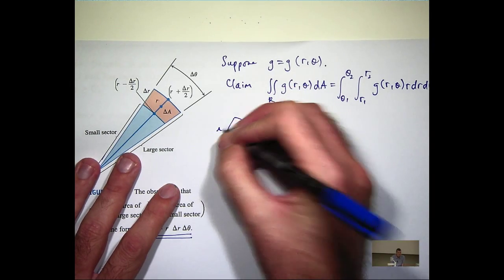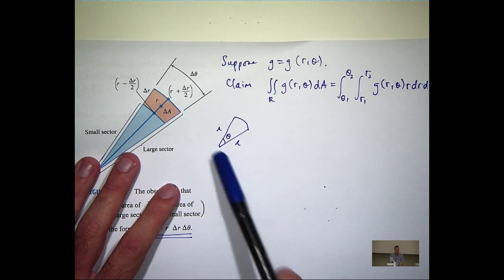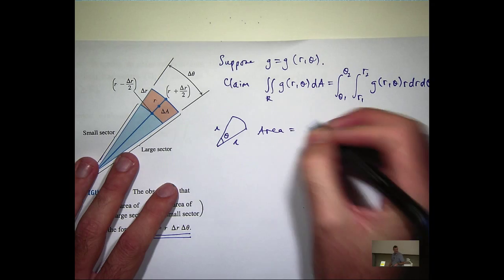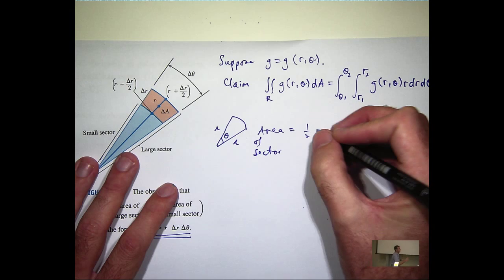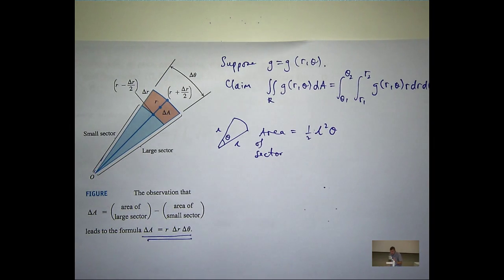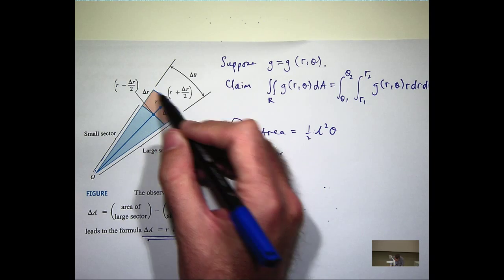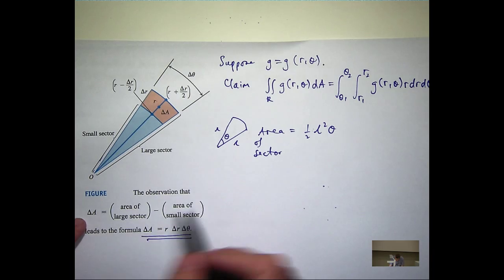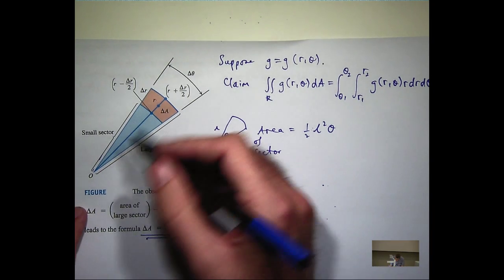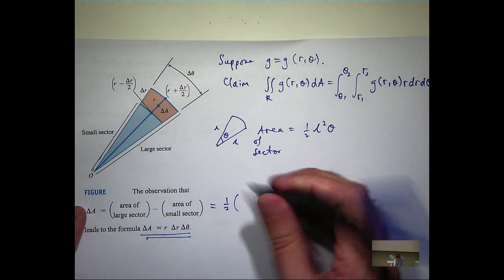Now, if I've got a sector from a disk or a circle with radius L, the area of this is just a half L squared theta. We can calculate the area of this little orange polar rectangle by taking the area of the big sector and subtracting the area of the small sector. That's exactly what we've done down here. The area of the big sector is going to be something like this.